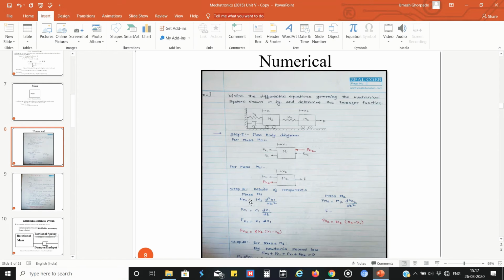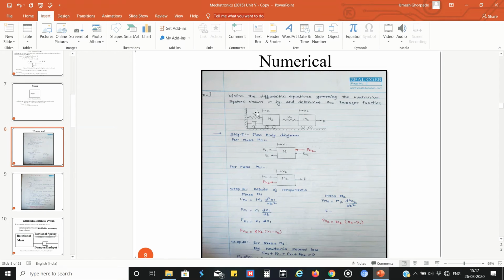Now the second step, the important one, the details of the components. For mass m1 and mass m2 we take the details of these components. Fm1, the force on mass m1, is equal to m1 into acceleration. Displacement is x1, so m1 d square x1 upon dt square.